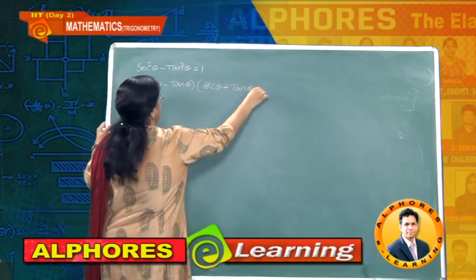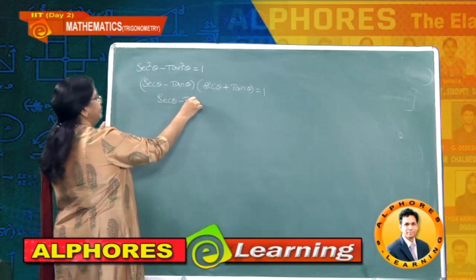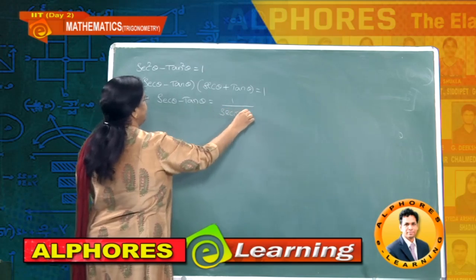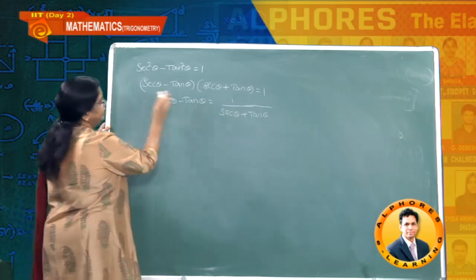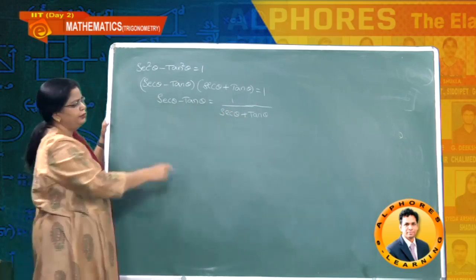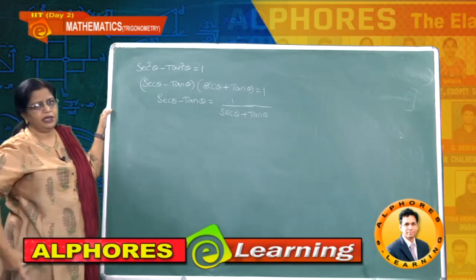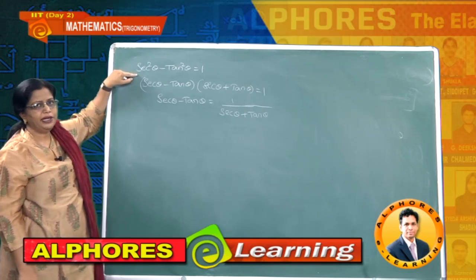So you can write secant theta minus tan theta equal to 1 divided by (secant theta plus tan theta) and vice versa. That means secant theta plus tan theta equal to 1 divided by (secant theta minus tan theta) also. Just a small development from this already known identity.